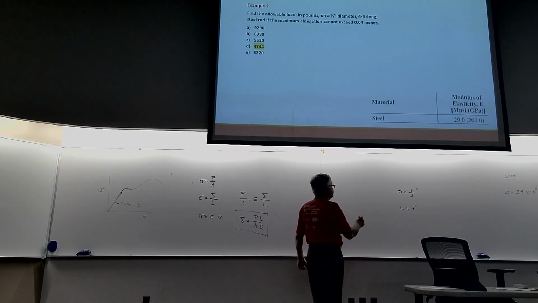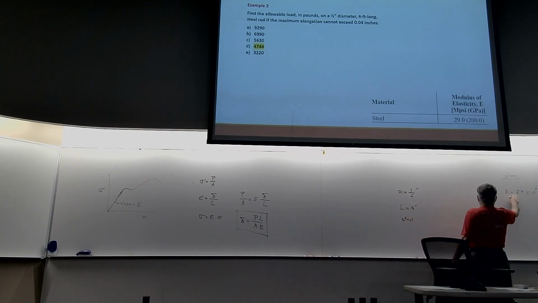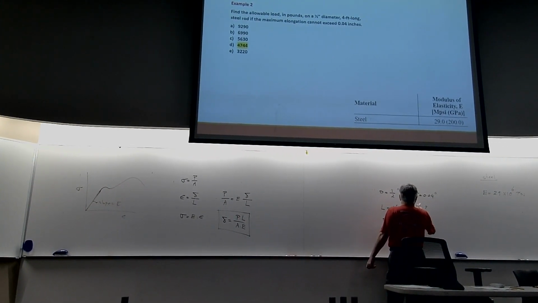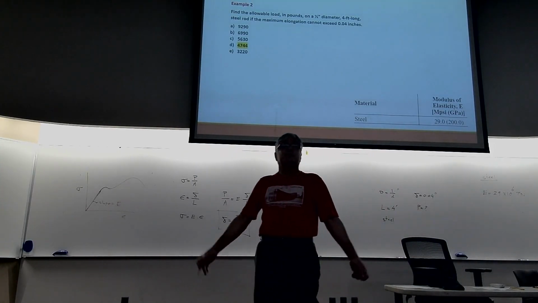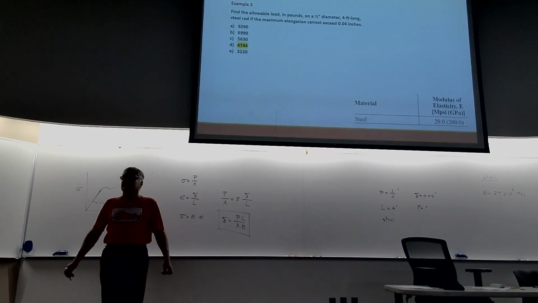And this is steel, so this number is what you're going to use for E. And we want delta to be 0.04 inches. And the question is, what force is required to cause this much deformation? Obviously, a very simple problem in which we just take this equation and plug in the numbers and solve for P.